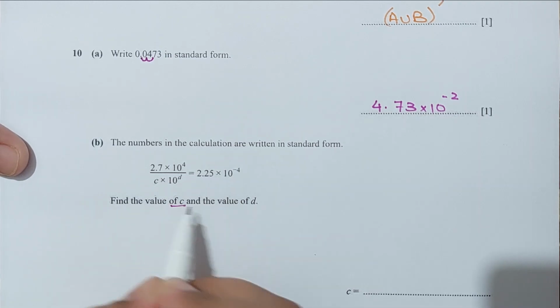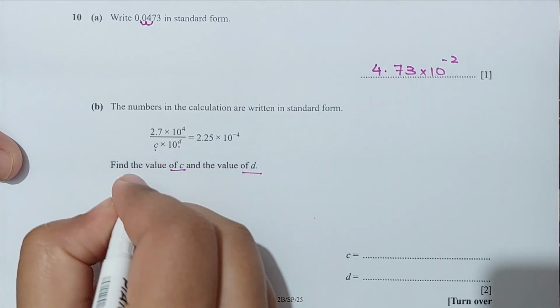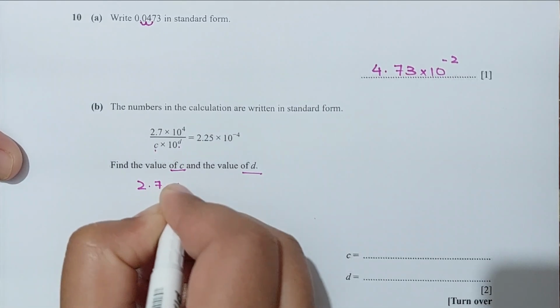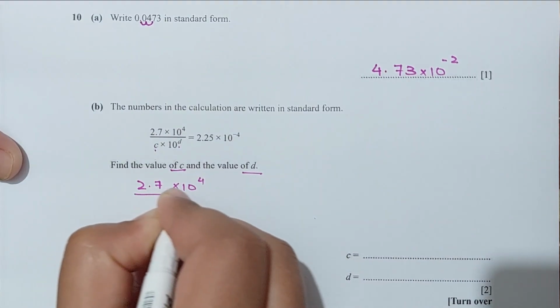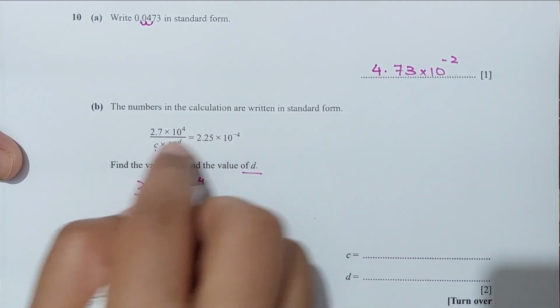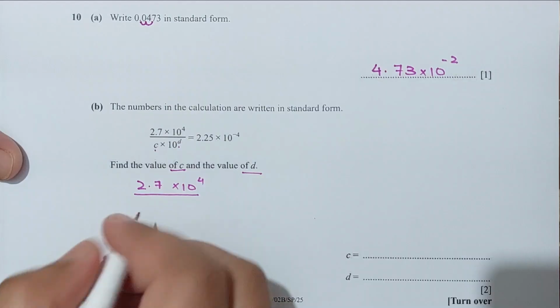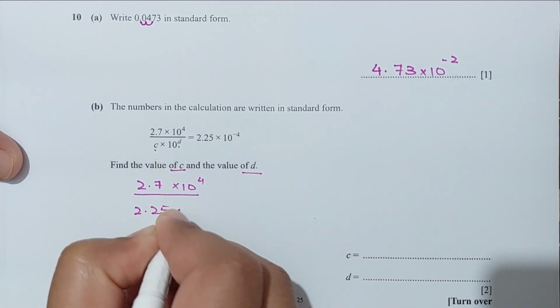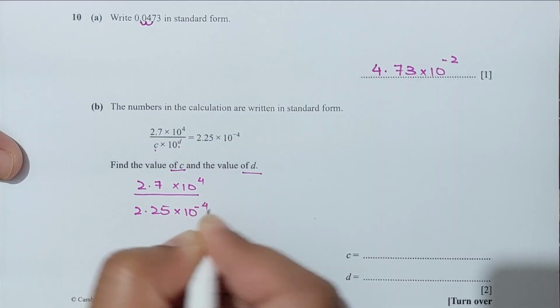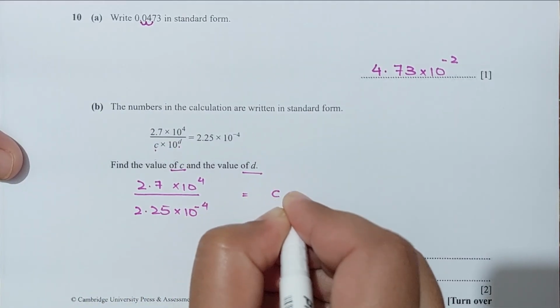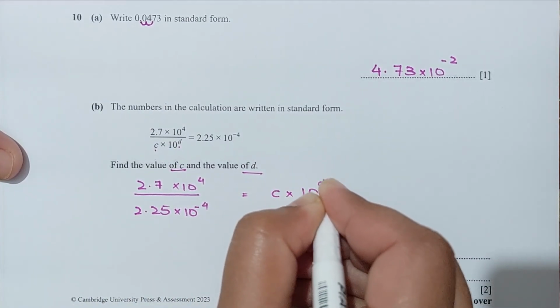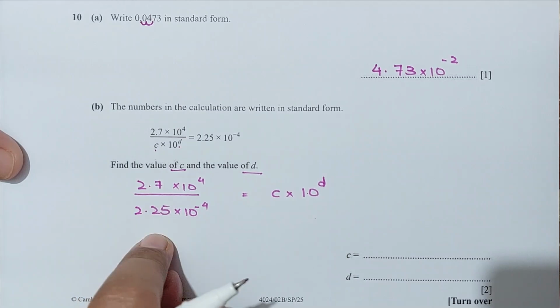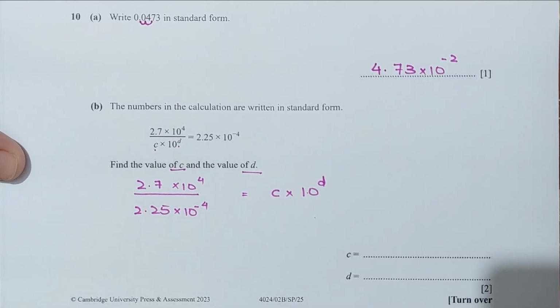Part B, the numbers in the calculation are written in standard form. Find the value of C and the value of D. Okay, so here is C and here is D. All right, so we can say 2.7 times 10 to the power 4 over, we can do a cross multiplication. This term is shifted to the denominator and this would be the numerator, the term on the other side: 2.25 times 10 to the power negative 4. This would equal C times 10 to the power D. Okay, we can divide both of them.